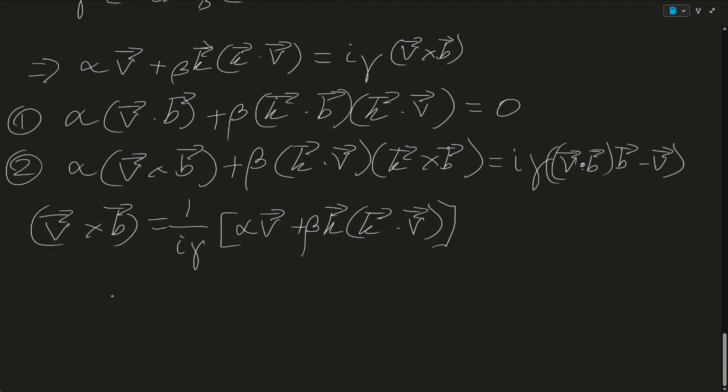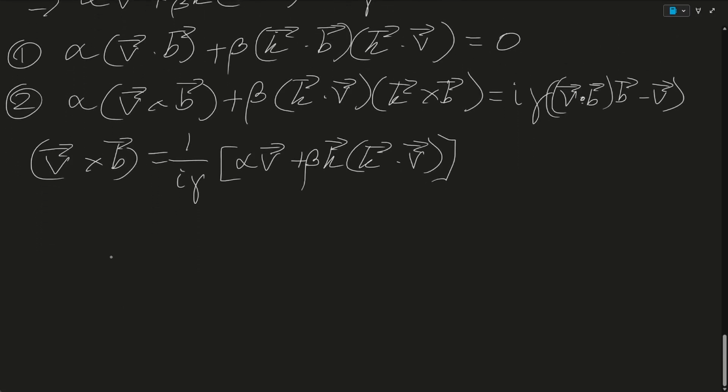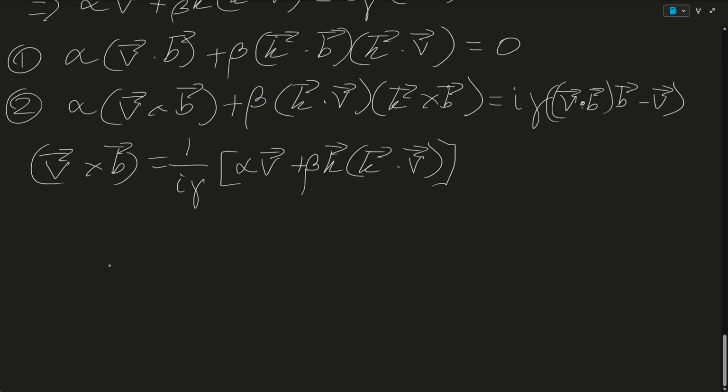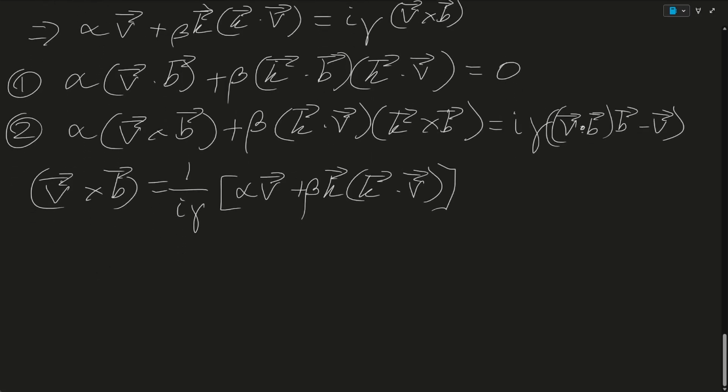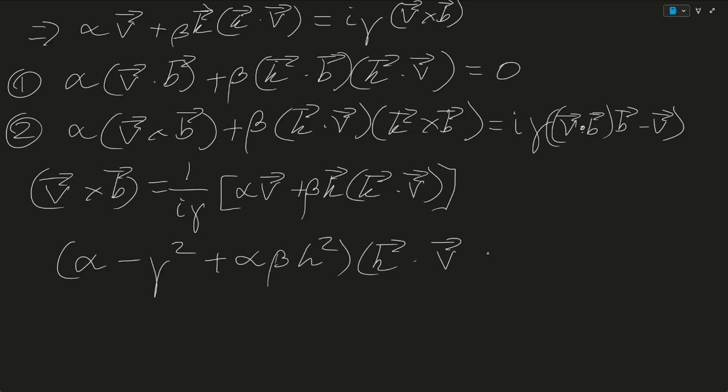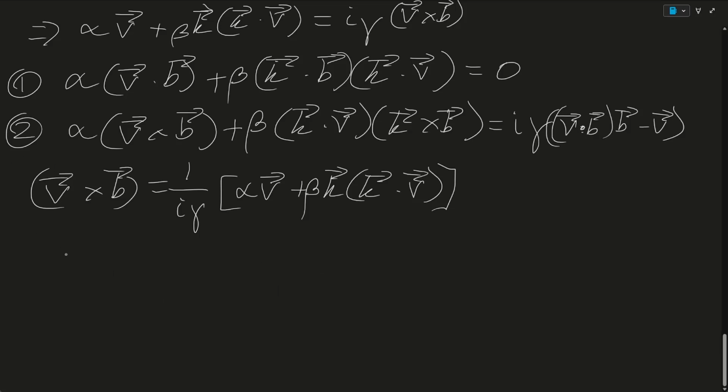So if we take dot product with K, we should get that alpha squared minus gamma squared plus alpha beta K squared K dot V, plus, I can't, I need to write small, alpha squared minus gamma squared plus alpha beta K squared.